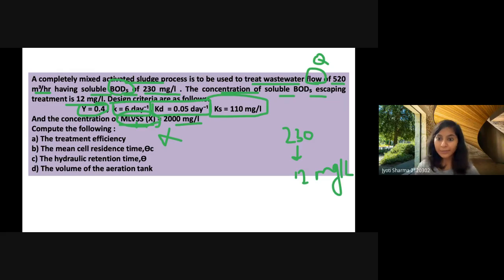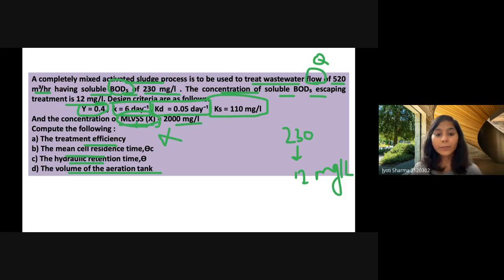And what they expect us to compute: the treatment efficiency, mean cell residence time, hydraulic retention time, the volume of the aeration tank. I think each of this terminology is very clear to you. You may or may not remember the formulas, but what I'm expecting from you is that the terminology is very clear.